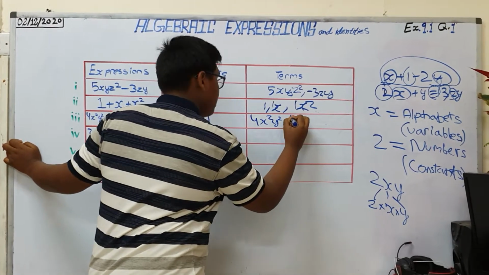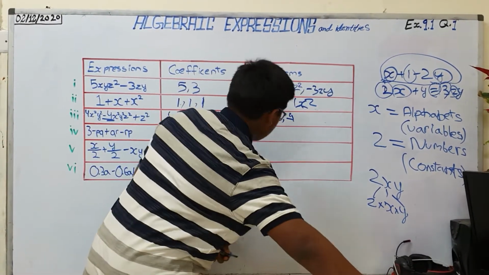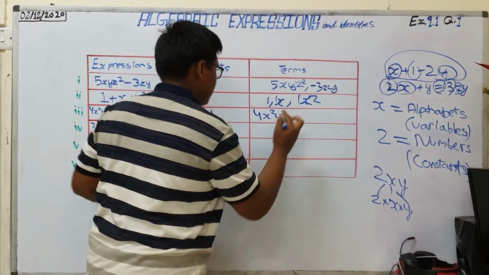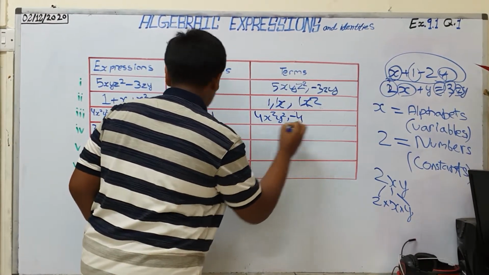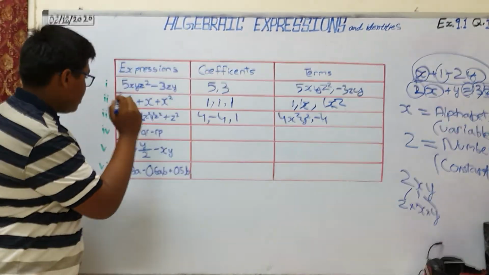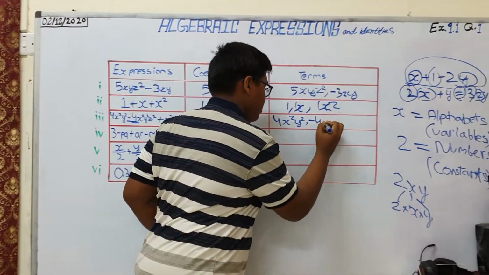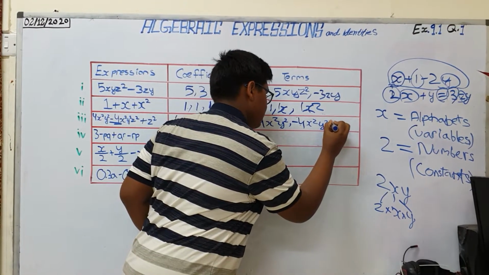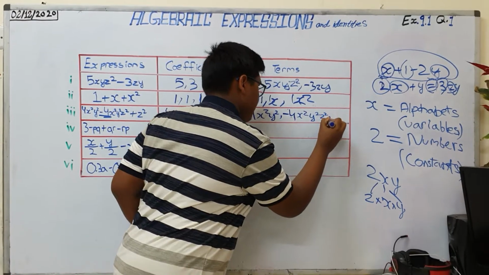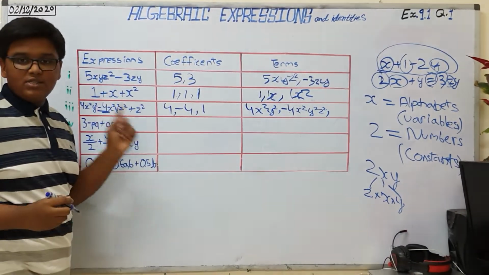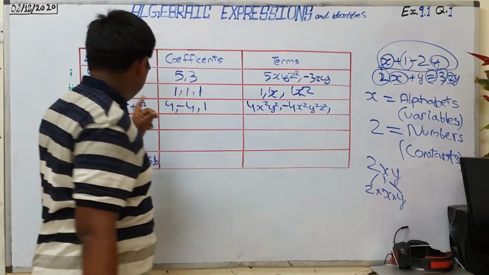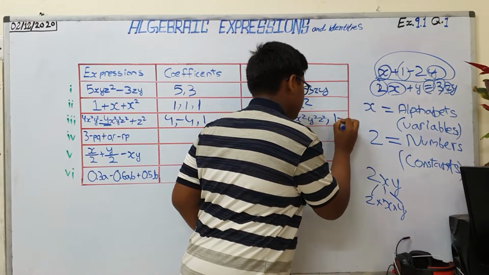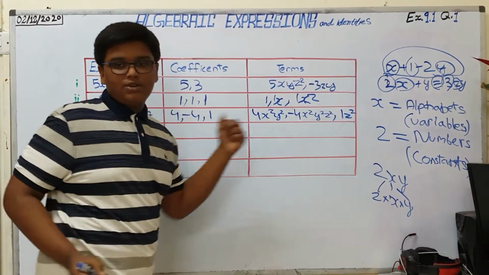So this will be minus 4 x squared y squared and z squared. And in the last we are going to write 1z squared, because there is 1 as the value of z. So 1z squared. So this is the answer of the third question.